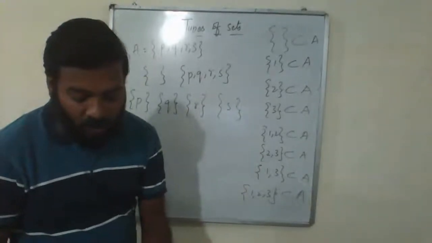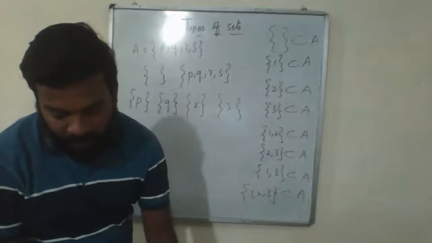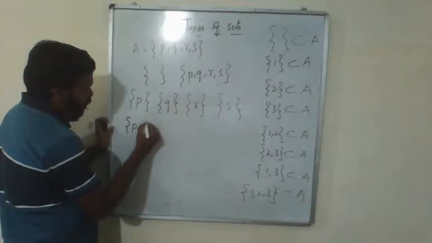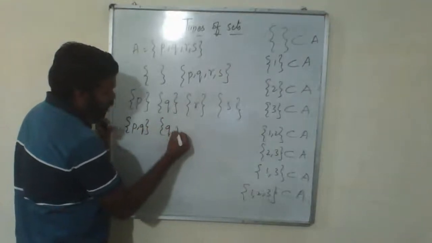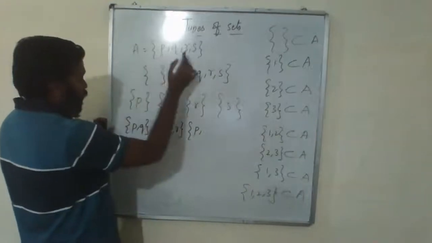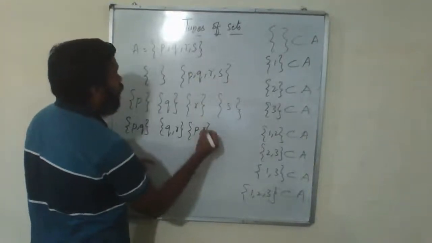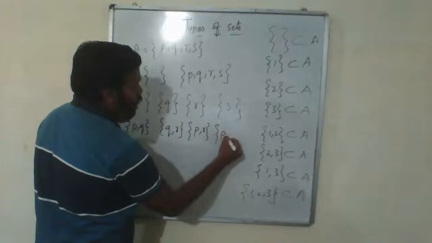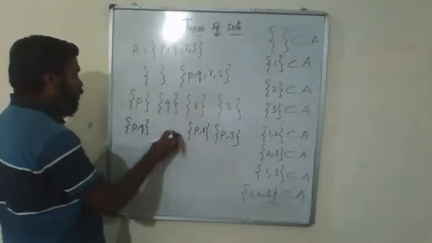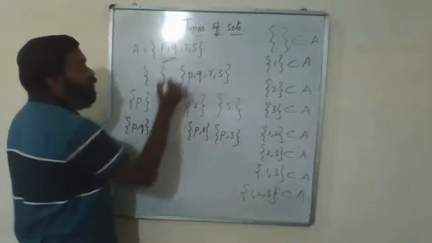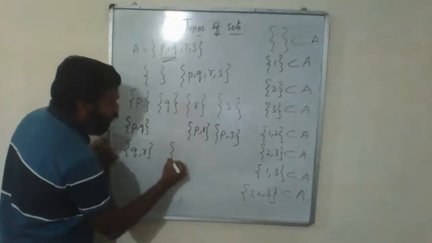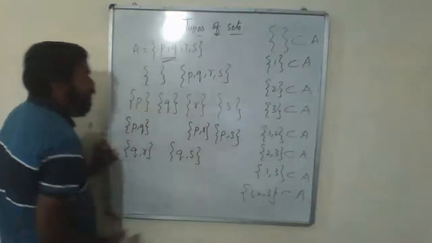Next we have to consider 2 elements at a time. PQ, PR, PS. As we have joined P with Q, next we have to go for QR and QS.